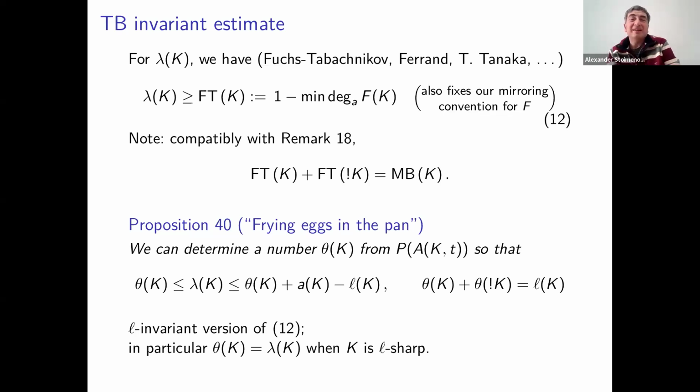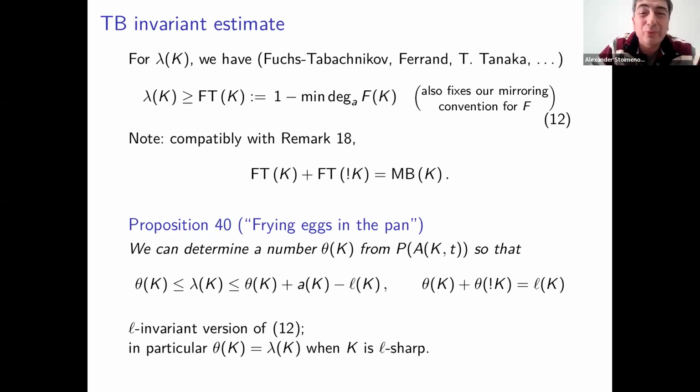I don't know how to call it, but luckily Ferrand and Tanaka seem to have the same first letters of the family names as Fuchs and Tabachnikov. So with F and T, we can more or less specify properly who is involved in this bound.